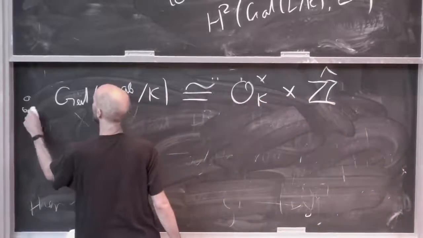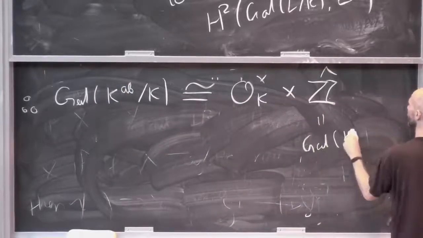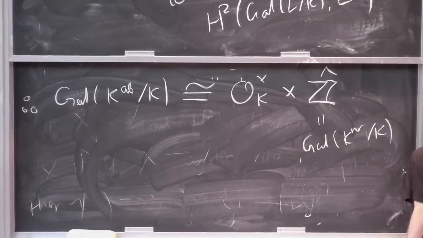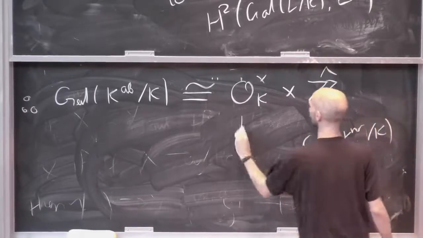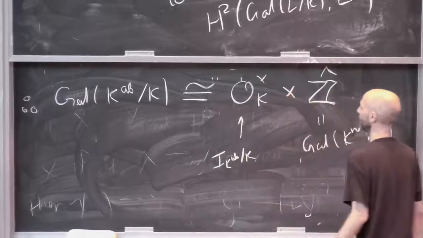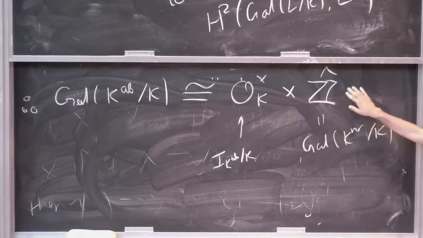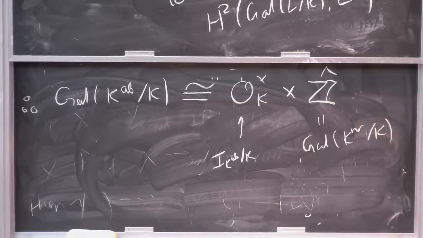And this Z hat is Gal(K^nr/K), and this is I_K^ab. And this group's abelian, and so if you have a group with a cyclic quotient, then you can non-canonically split it. But that involves choosing a uniformizer.